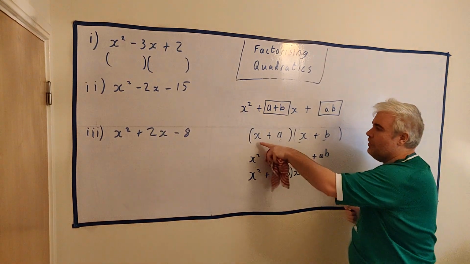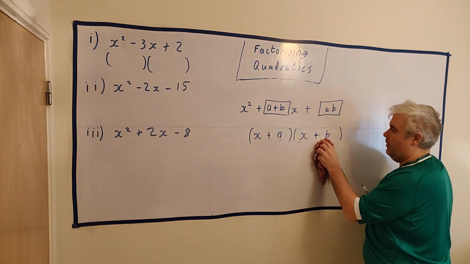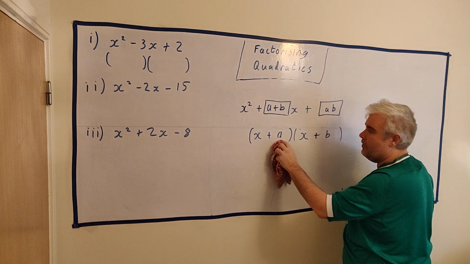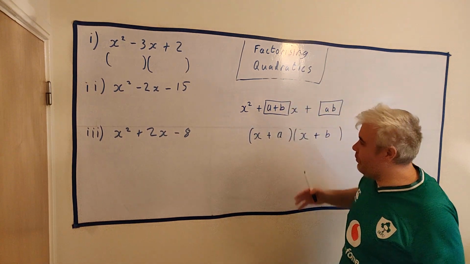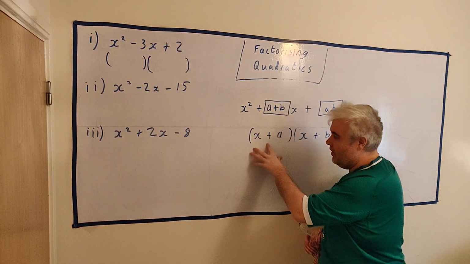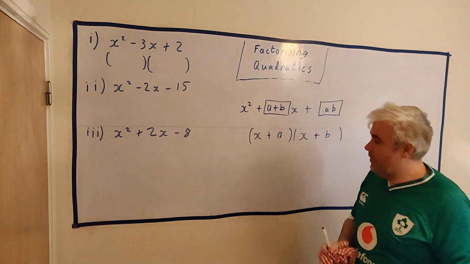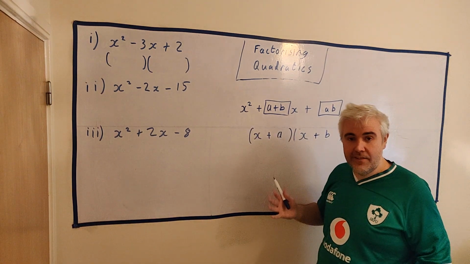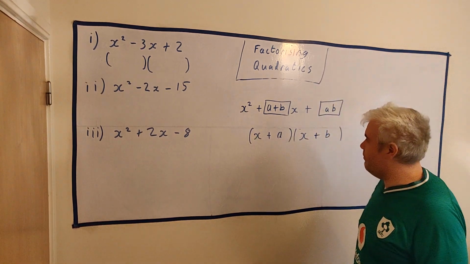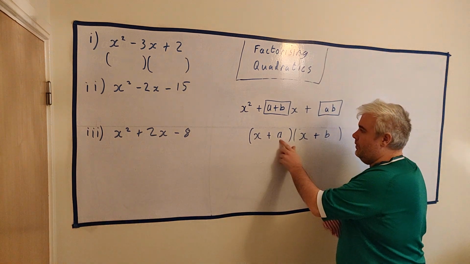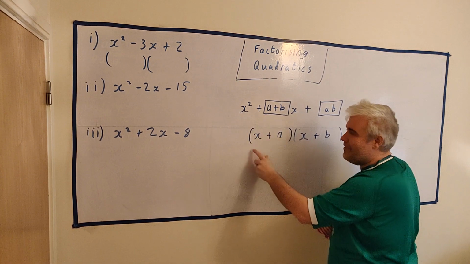Now I'm telling you that every answer will look like this. You don't have to believe me, but you should. You do have to believe me because I just multiplied it back out and showed you that it is the same as this. So this is an answer. It is a factorization. Go ahead and believe me. So we now know this and this are the same. These are equal to each other.